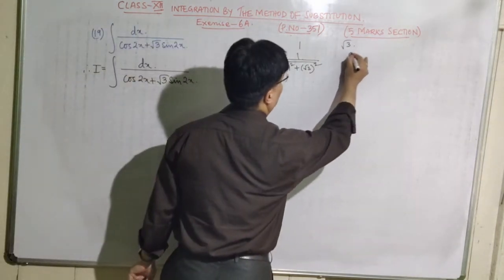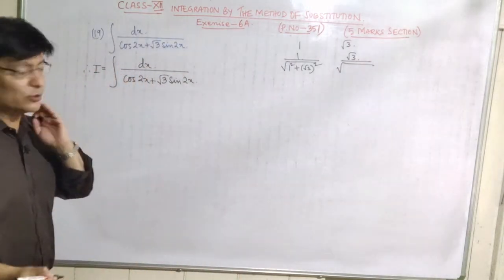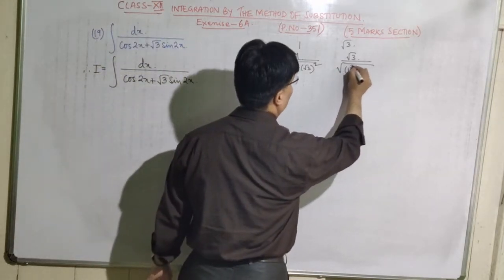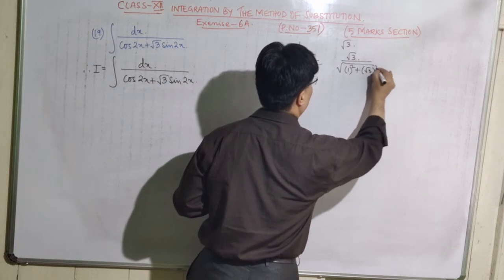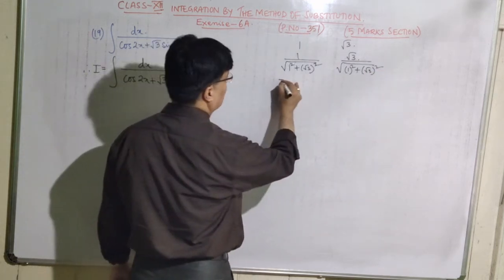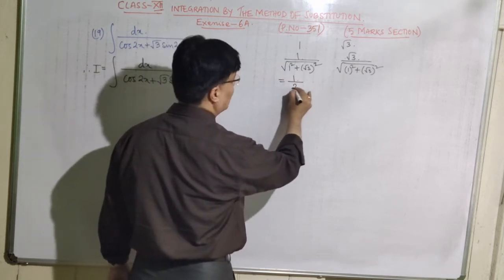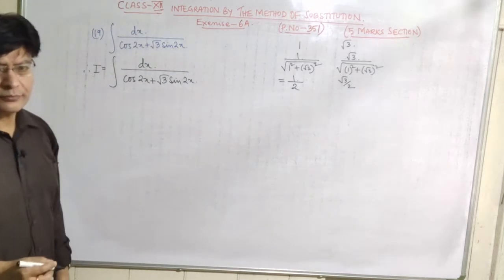Similarly, this root 3 should be divided by root over the coefficient of cos 2x whole square, that is 1 whole square, plus the coefficient of sin 2x whole square, that is root 3 whole square. So this is equal to 1 by how much? Root over 1 plus 3, that is 4, so 2. This is root 3 divided by 2. Is that clear?